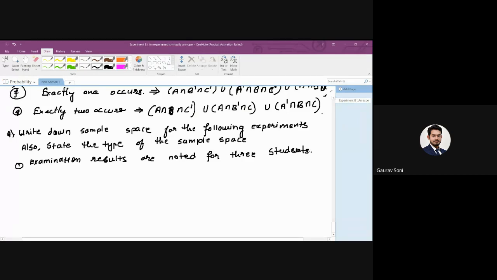Yes. What will be the sample space? Be quick. It is not so difficult.